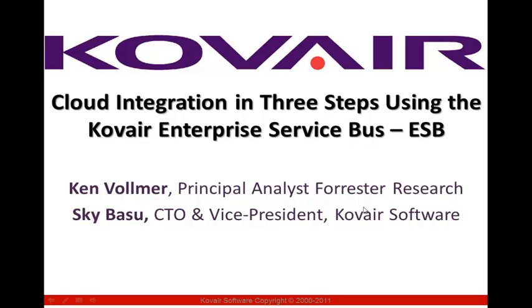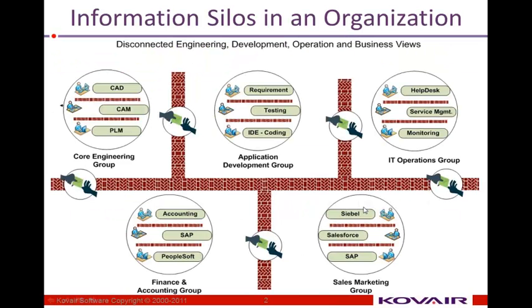All right. So let's first talk a little bit about information silos. If you look at this particular slide, this is a typical organization. There are many different groups there.